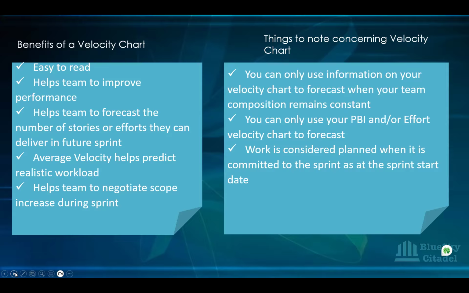Also, it gives an average velocity, and that average velocity helps the team to predict a realistic workload. I said earlier, let's assume that for a particular team the average velocity is 80, and that 80 was achieved while they were at full capacity. So all team members were around, nobody was on holiday, and they were able to complete 80 story points.